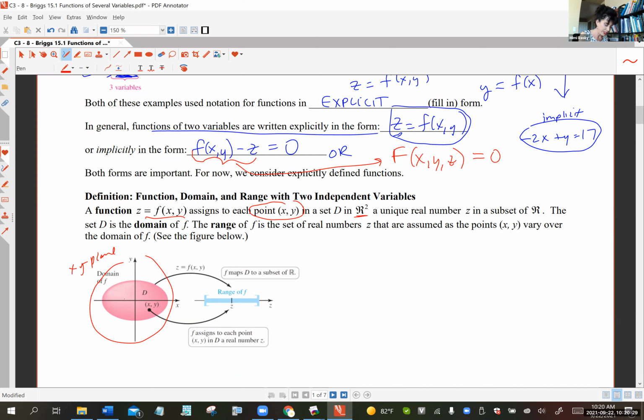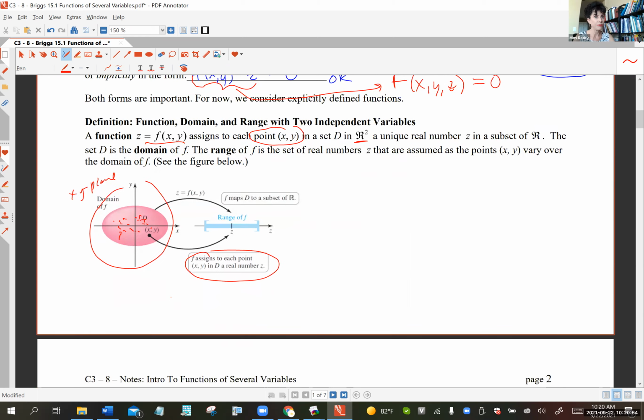You pick little points here in the XY plane, and then you feed it to your function, and it'll eat a point, and then its output is a real number. So what's happening here is your function f assigns to each point here in the XY plane a real number z. This isn't really complicated, although it is brand new.